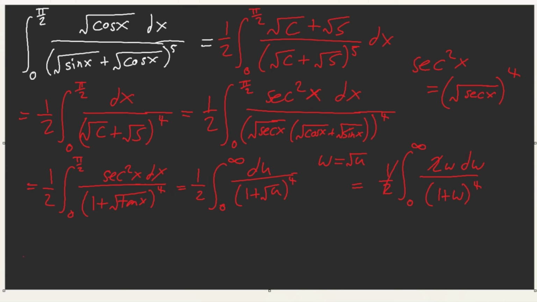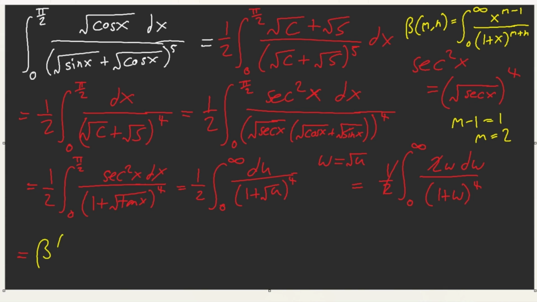Okay, so this is equal to, let's see, if you remember, B of m, n. Do you remember the formula? It was x to the m minus 1 over 1 plus x to the m plus n. Here we have m minus 1 equal to 1, so m should equal 2. And m plus n, we know that this is 4, so n is equal to 2.